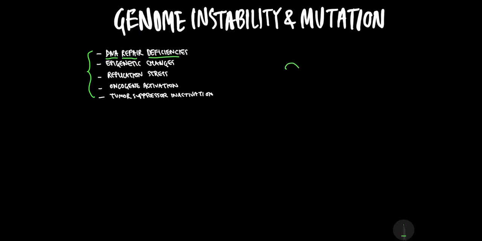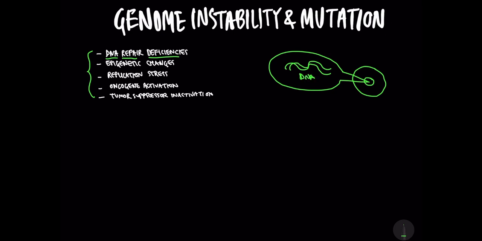So in every cell we have, so this is your cell, and then you have your nucleus, and inside your nucleus lies your DNA or your genomic material. And if there are mutations in the DNA, there usually are mechanisms to fix it.